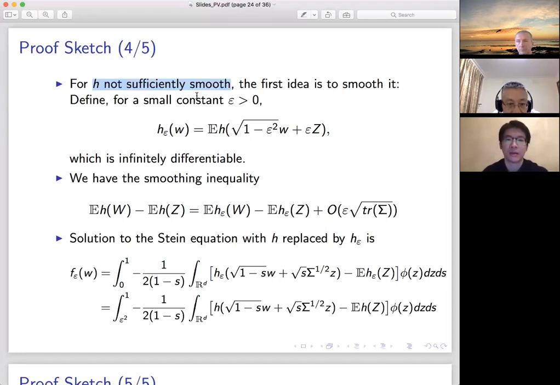A standard way to smooth the test function is to convolve it with a Gaussian vector, a small Gaussian component. So we define h_epsilon(w) to be h of the original thing plus epsilon z, where z is a multivariate Gaussian vector with covariance sigma, and epsilon is supposed to be a small positive constant.